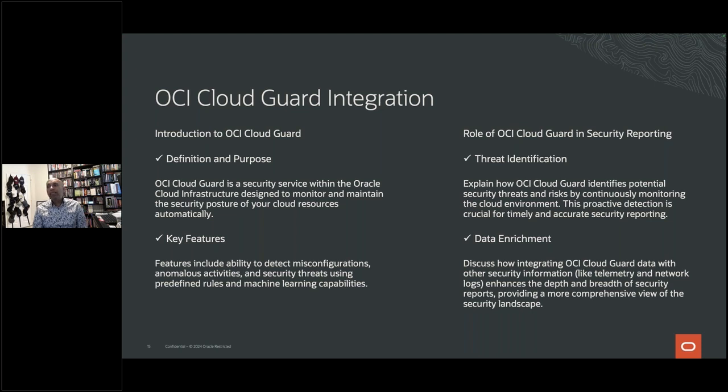It also helps enrich your data with other security information like telemetry and network logs, and it enhances the depth and breadth of security reports. It provides a more comprehensive view of the security landscape.